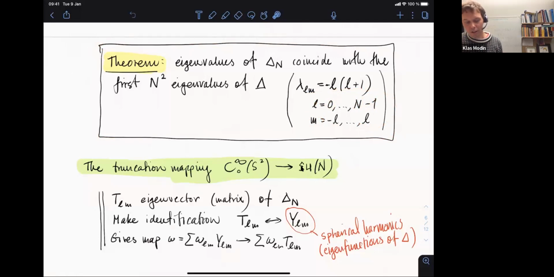And the spherical harmonics are the eigenvectors or eigenfunctions of the Laplacian. So you see, the eigenvalues only depend on the L. So for each L, this eigenvalue has multiplicity 2L plus 1. Okay, so the eigenspace has dimension 2L plus 1.